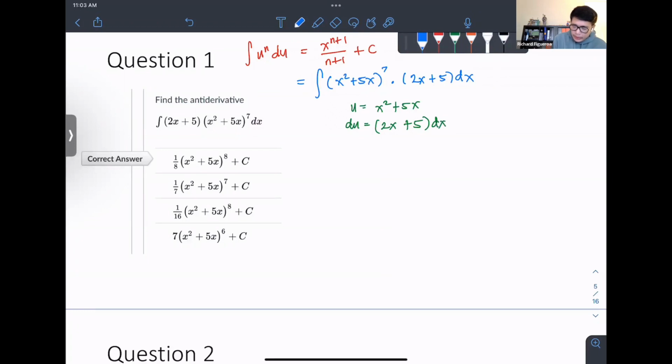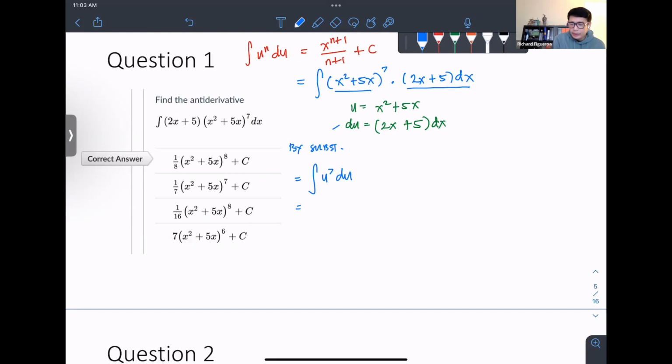So by substitution, I can substitute that x squared plus 5x is u, then raise it to 7. And this 2x plus 5 dx is the same as du.